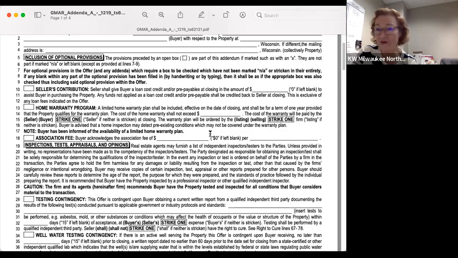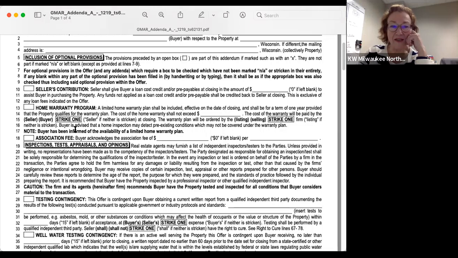If you'd rather have ours be the one provided, you have to say that the seller will provide it by the selling firm, the Keller Williams firm. But generally people just say they want the seller to pay for the home warranty from the seller's firm that they are supplying.